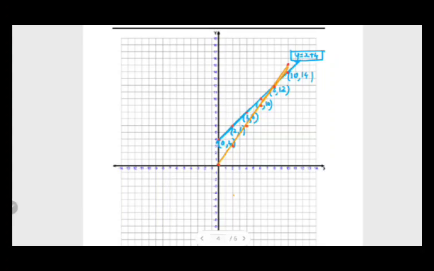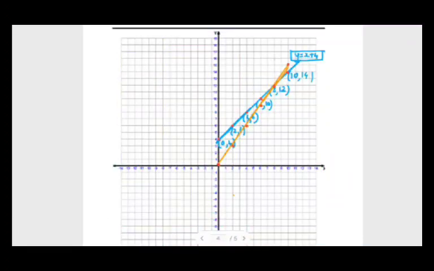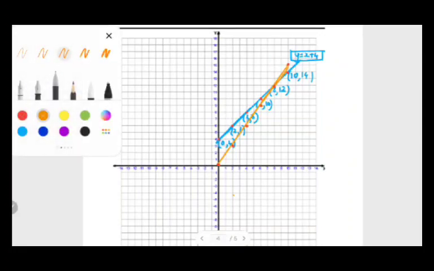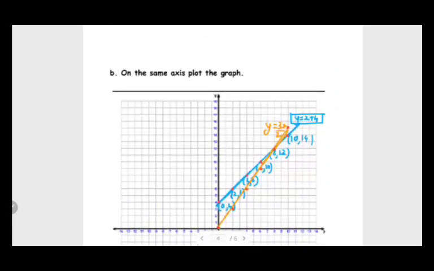Let me write the equation of this line, which is y is equal to 3 upon 2x. Yeah, so that on the same axis we plot the graphs.